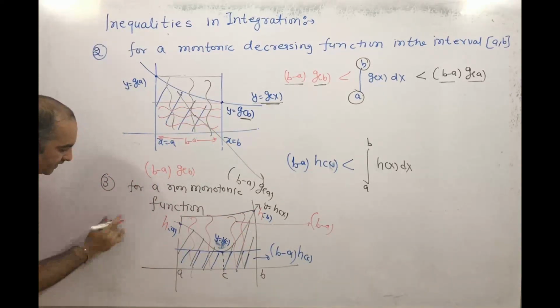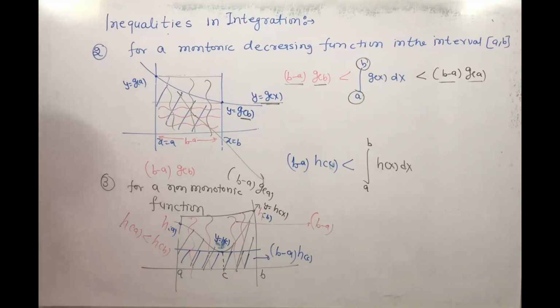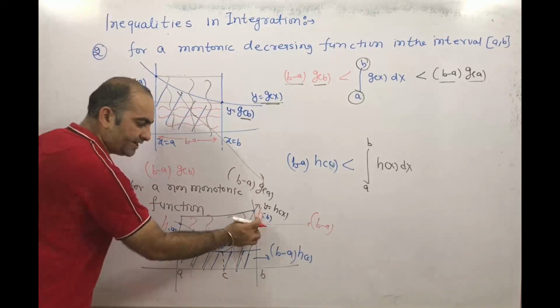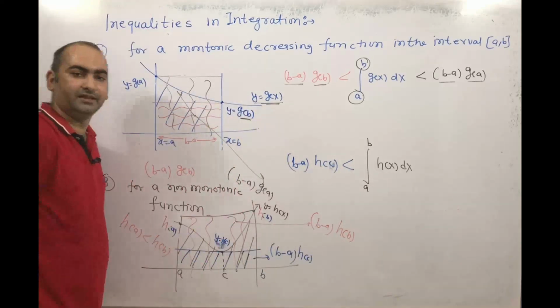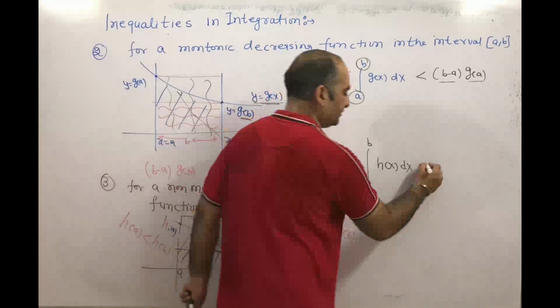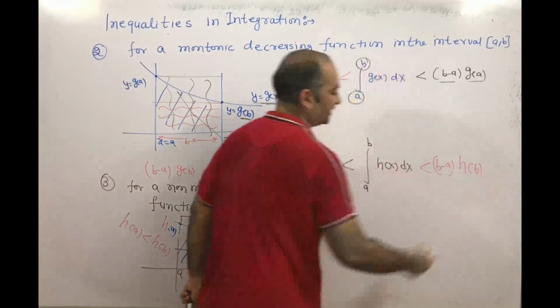So h of a is also less than h of b. Okay, so here we can say that (b minus a) into the highest value, h of b. So from the diagram we can say that this value is greater than this one, so this will be less than (b minus a) into h of b.